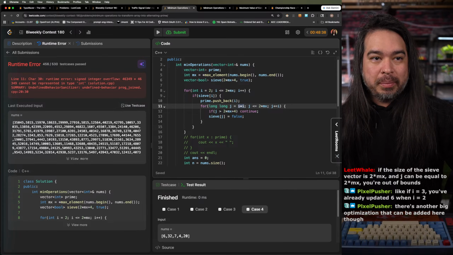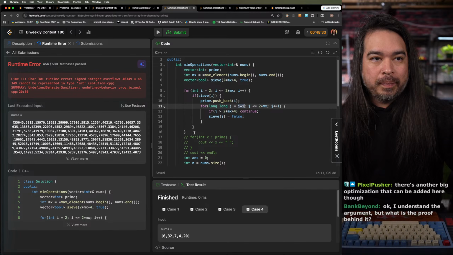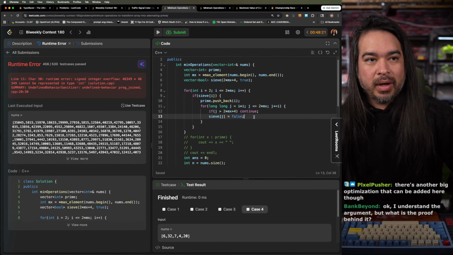Wait, there's another big optimization that can be added. If the size of the sieve vector is 2 times max and j can be equal to 2 times max, you're out of bounds. Right.